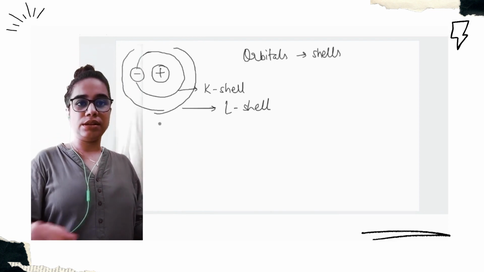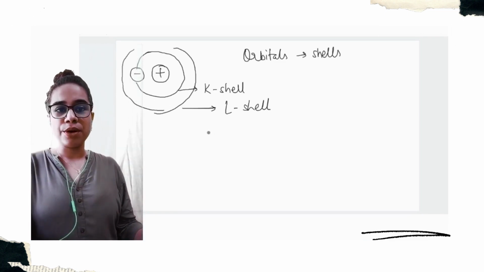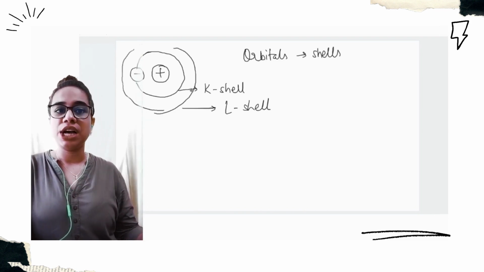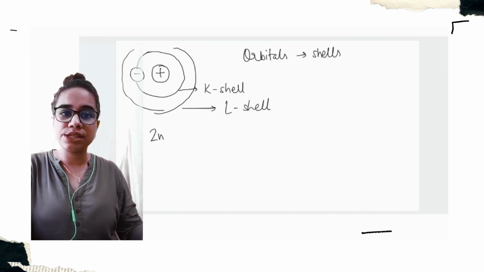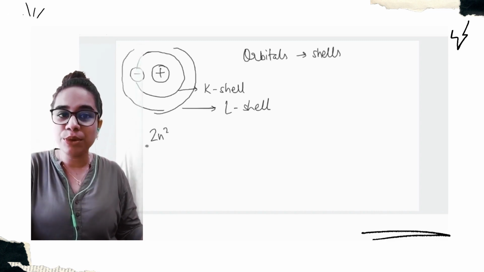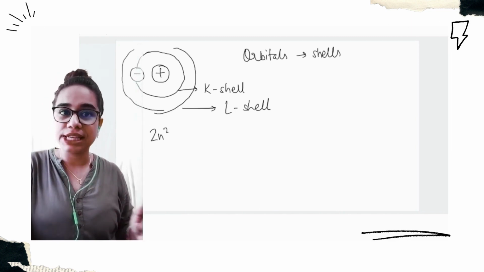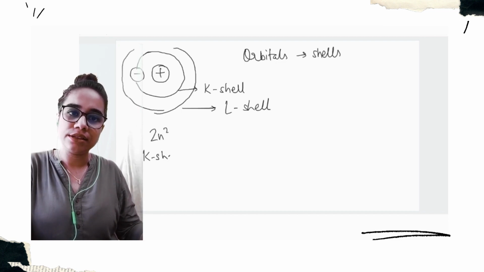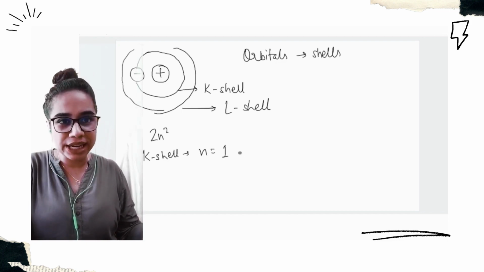Now, we have a formula for the maximum number of electrons which a shell can fit in itself, that is 2n square. This formula gives us the maximum number of electrons that can fit in a shell. Now for K shell, this is the first shell, so n equals to 1.